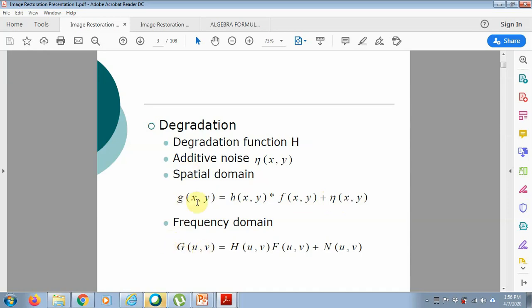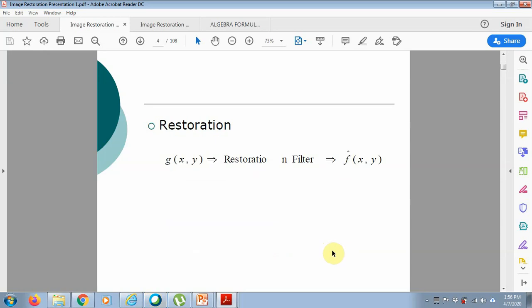G of uv, the Fourier transform of g of xy, is equivalent to H of uv, the Fourier transform of h of xy, multiplied by F of uv, plus the noise represented as capital N of uv. So you have transformed your spatial domain input image into the frequency domain.